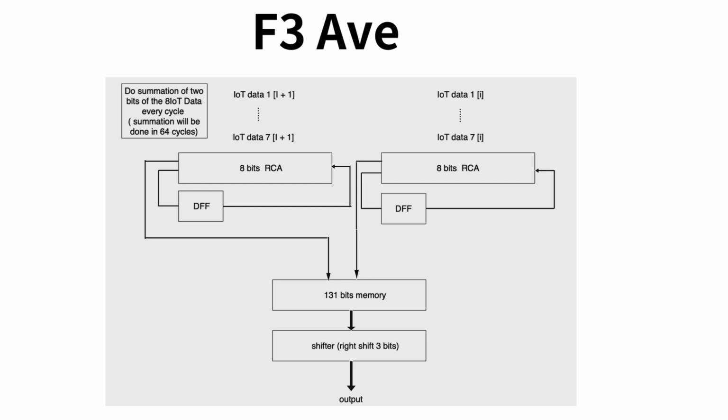The next cycle will perform the summation of the third and fourth least significant bits of the 8 IoT data, and so on. After finishing the summation, we will right shift 3 bits of the result of the summation, which is equivalent to dividing the result by 8.